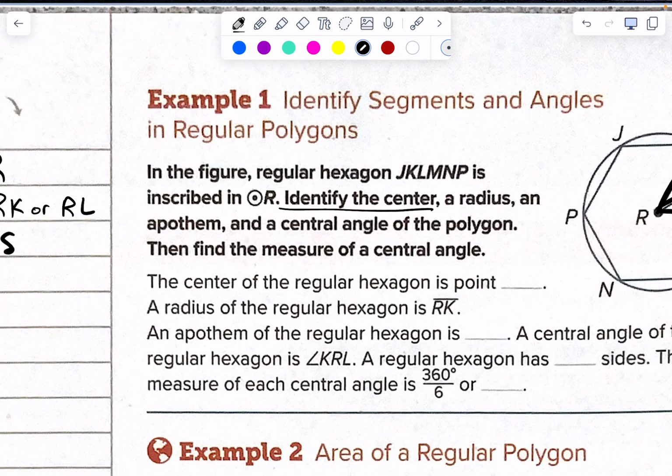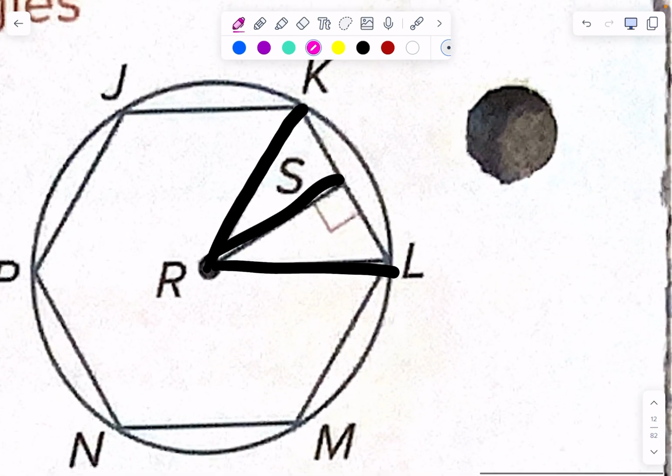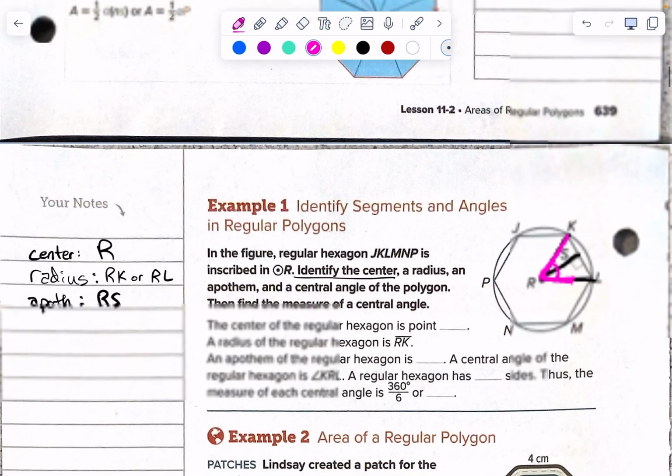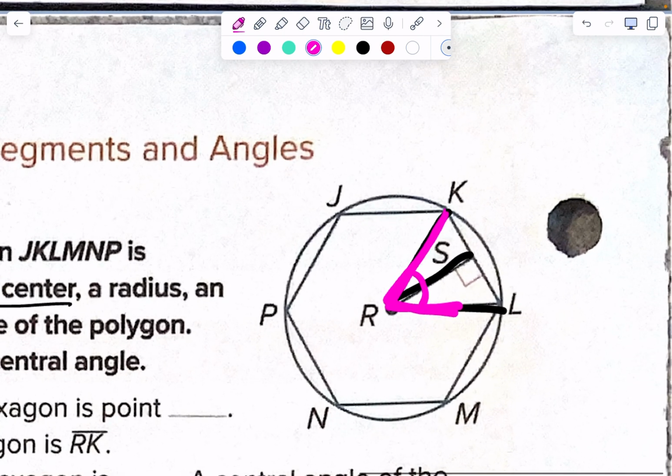And a central angle. What's the name of a central angle? KRL. How big is KRL?